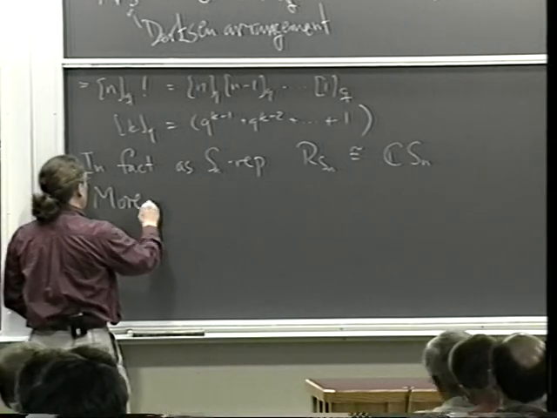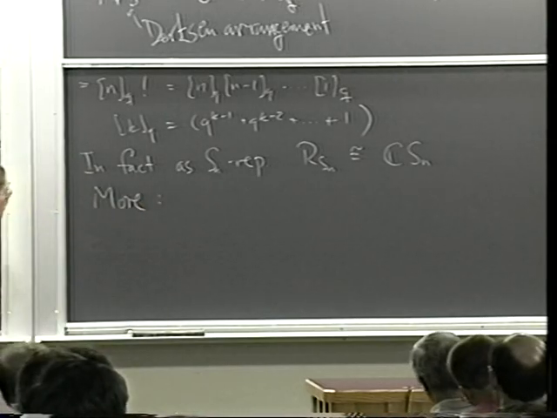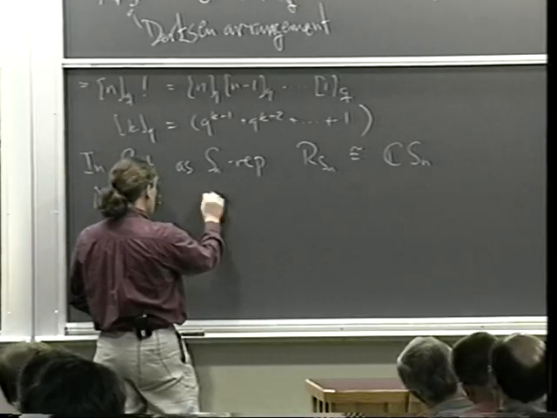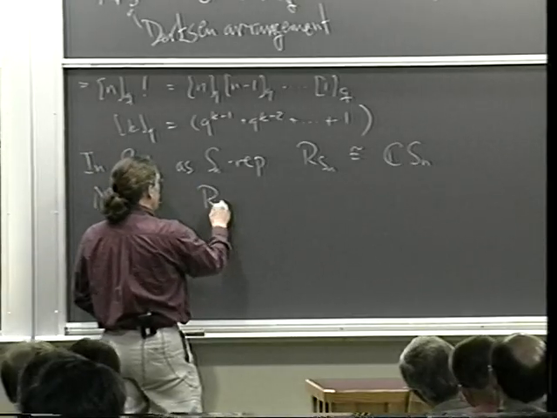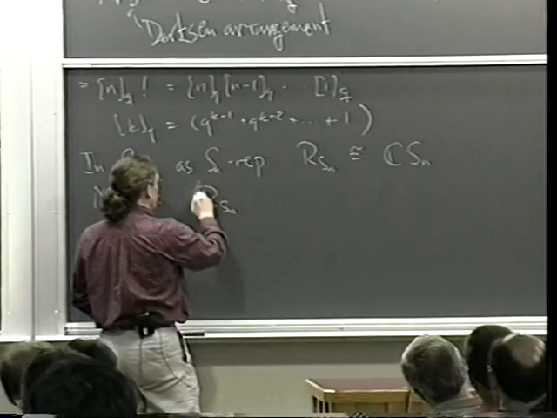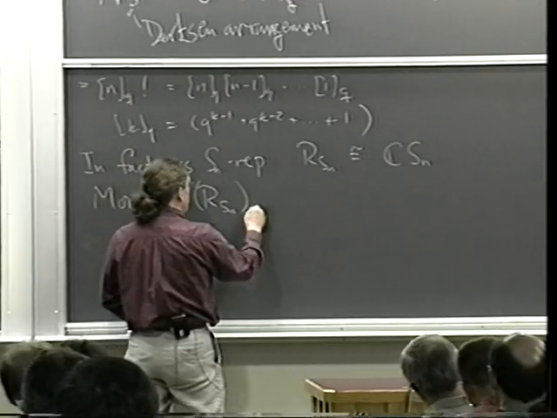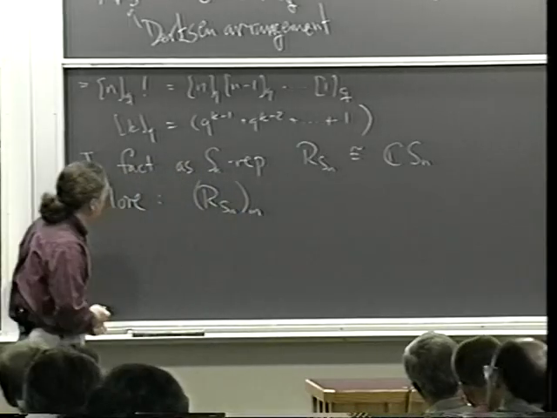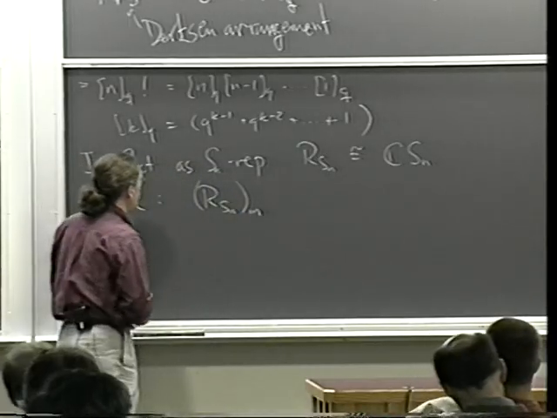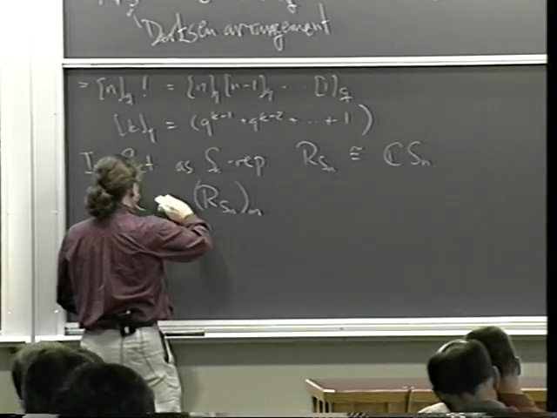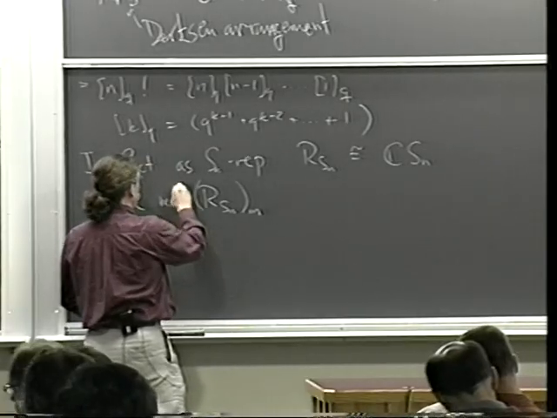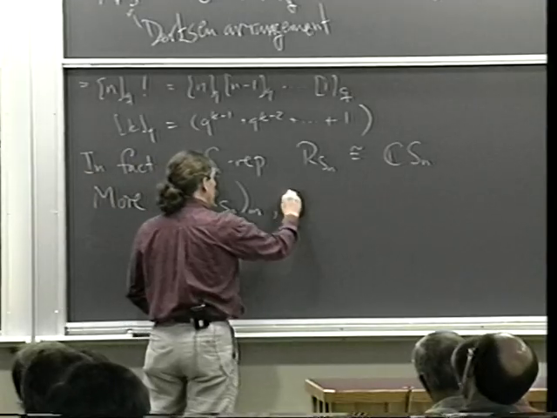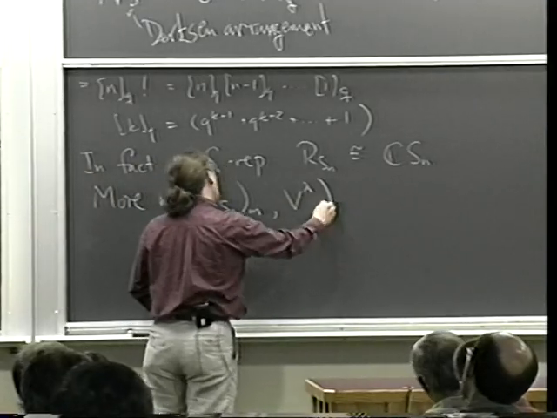So one can say more. There's a lot of nice combinatorics that goes with this, which I don't want to go into particularly. But one can say that, for example, if I look at R_Sn in degree m, and I form not a Hilbert series, but a sum, so let's look at the multiplicity in this of an irreducible character, V_lambda.